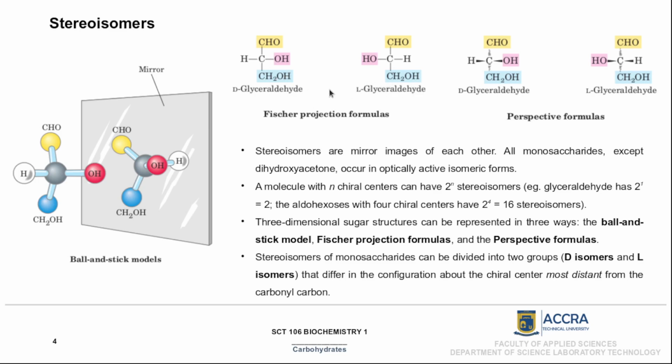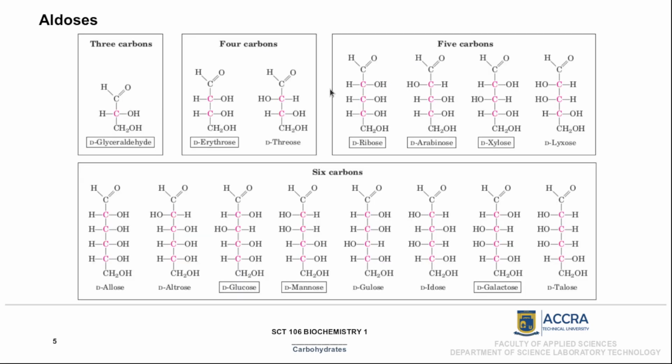These are 2 stereoisomers. Now, here we have represented the aldoses of the trioses, the tetroses, the pentoses, and the hexoses. These are aldoses. So we have the 3 carbon, which we say is an aldotriose. You have the aldotetrose, the aldopentose, and the aldohexoses.